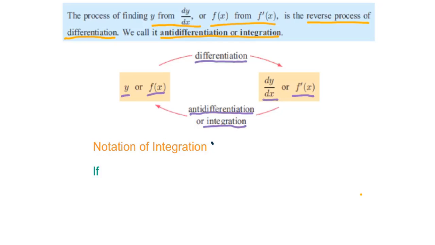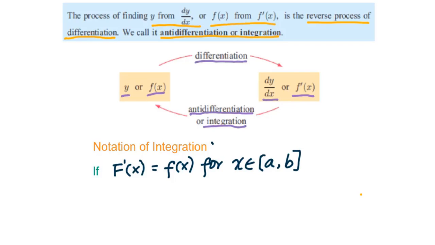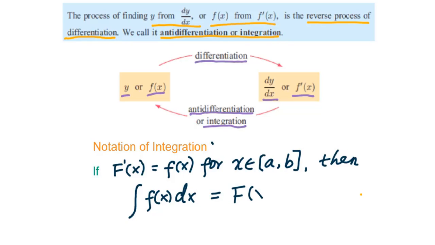If f prime of x equals f of x, for x in an interval a to b, then we use this symbol called the integral: the integral of f of x dx equals capital F of x plus c.